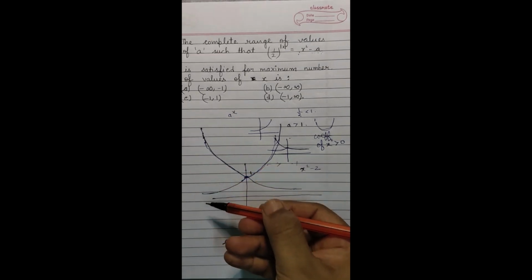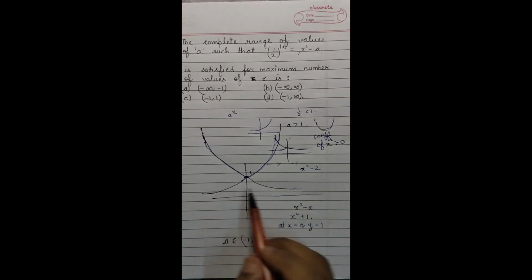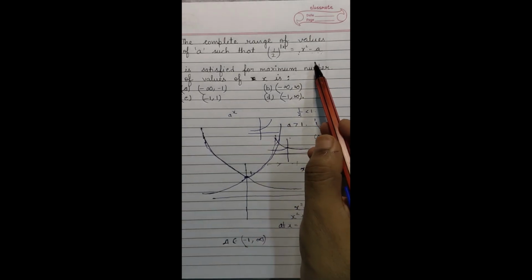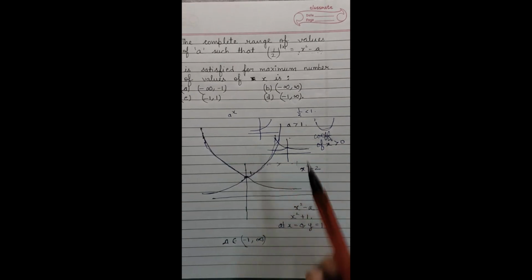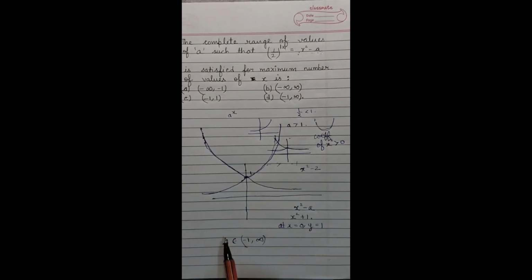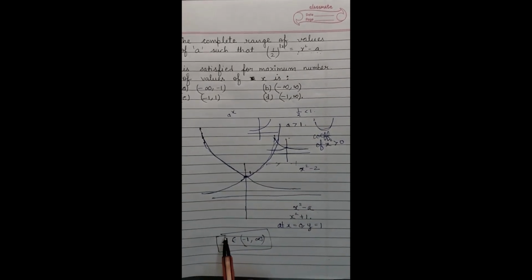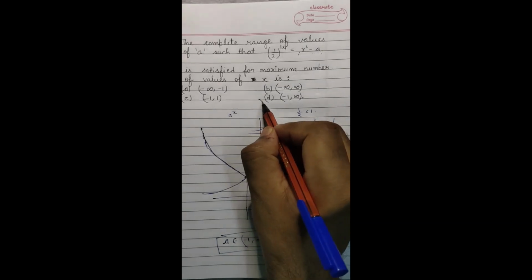The graph will keep shifting downwards. Hence I will have at least 2 solutions in all the cases. So I cannot take values of a below minus 1. If I take minus 2, the graph will shift upward, so I won't get any solutions. Therefore this should be the range of a, so the correct option is D.